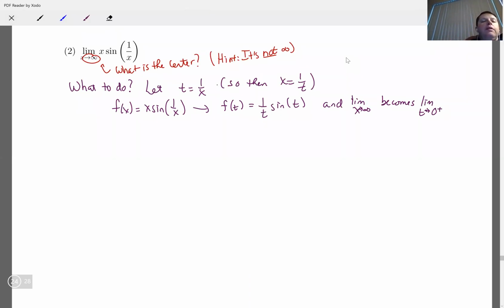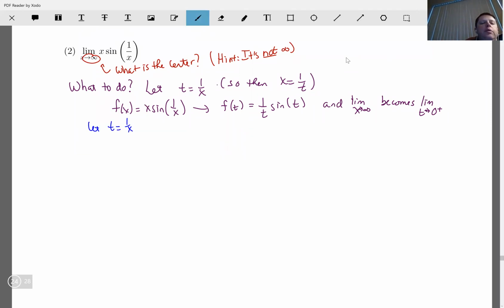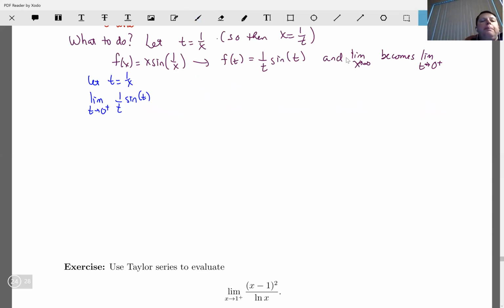Okay, so let's do it. All right, so we're going to let t equal 1 over x, and so we're going to be looking at the limit as t goes to 0 from the right of 1 over t sine of t. All right, so now we're back in business.